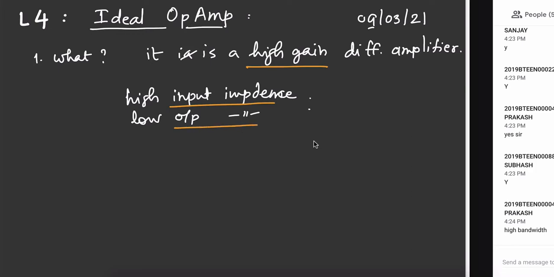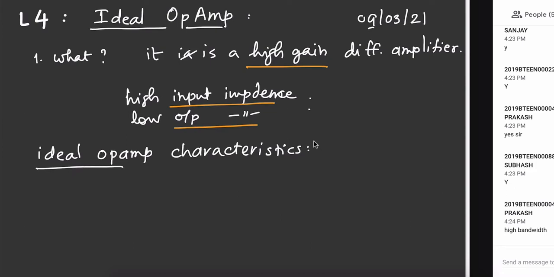If we look at the ideal op-amp characteristics, if you write down ideal op-amp characteristics, so gain, we will call it the open loop gain.